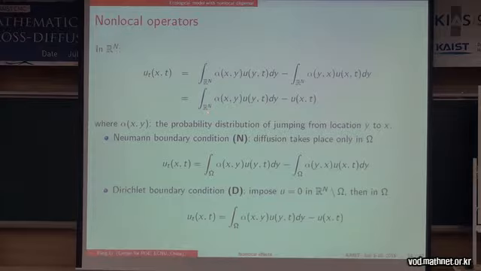Therefore, this expression is changed to this one. So this corresponds to the Neumann boundary condition.